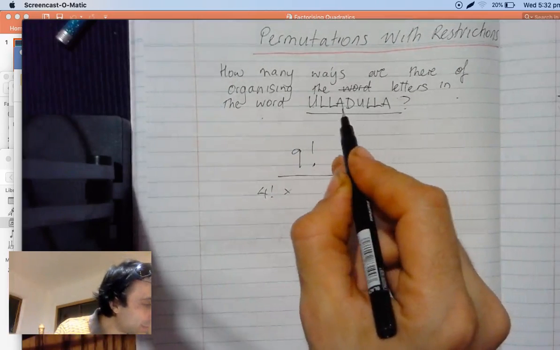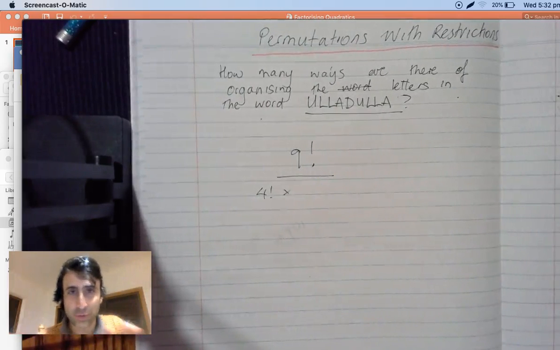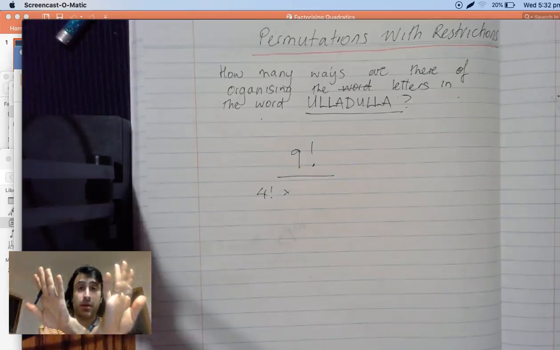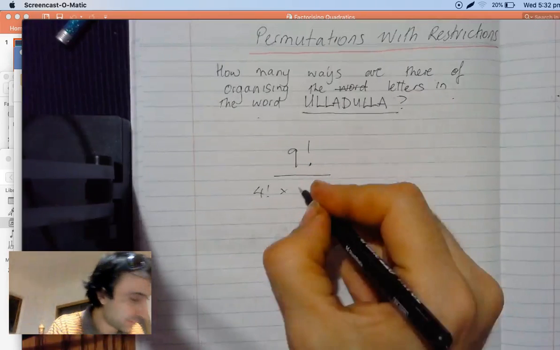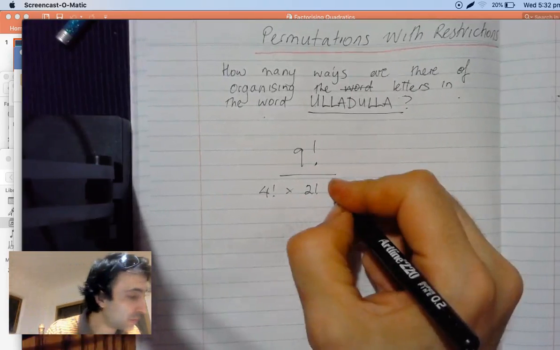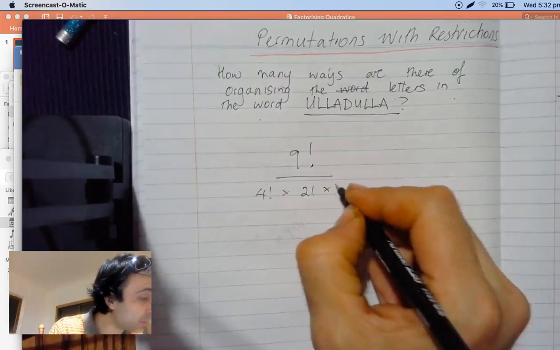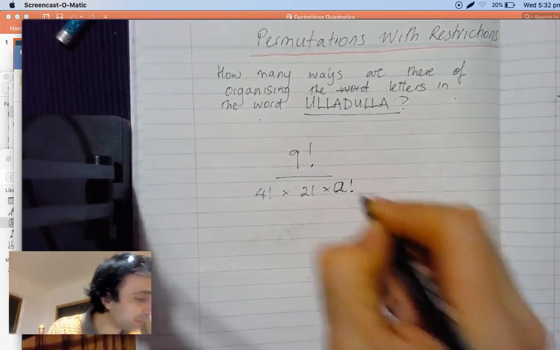And the same here, we've got 2 A's. The first A and the second A are no different from each other, and so we can divide by 2 factorial. And then the same with the U's. Oops, 2 factorial.